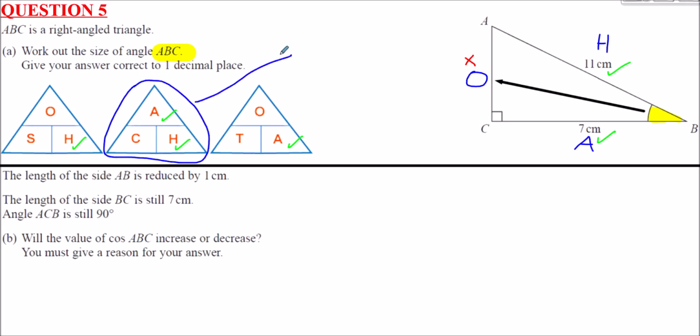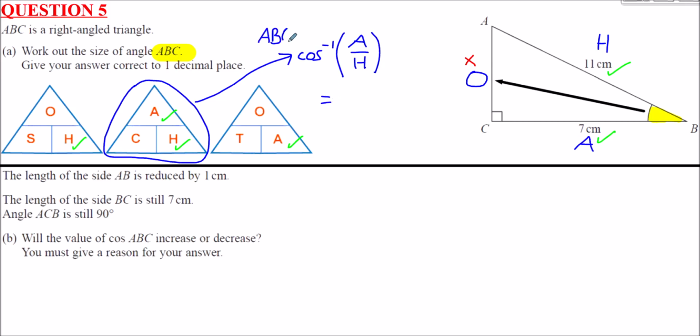Now we're trying to find an angle. We know A, we know H, so we're trying to find this C. But if you're ever finding an angle, this C stands for cos minus 1 of A over H. So ABC will equal this.